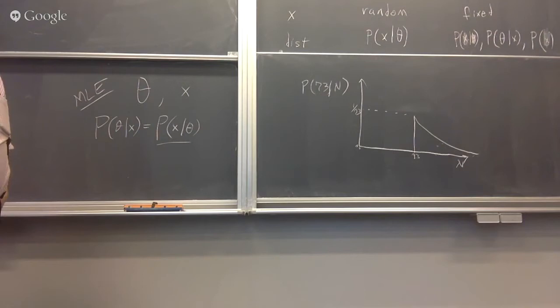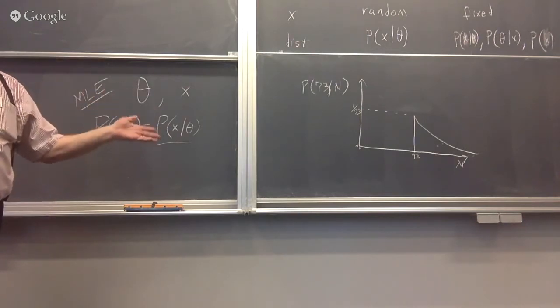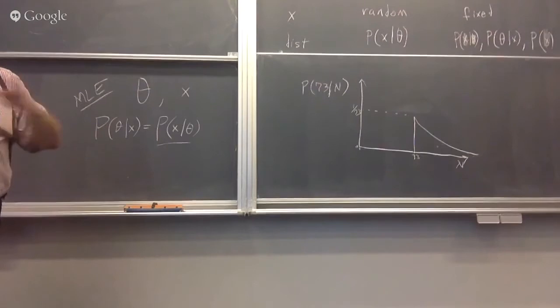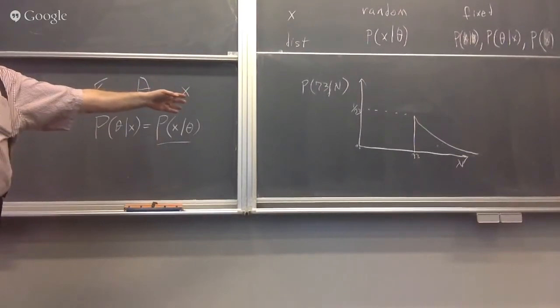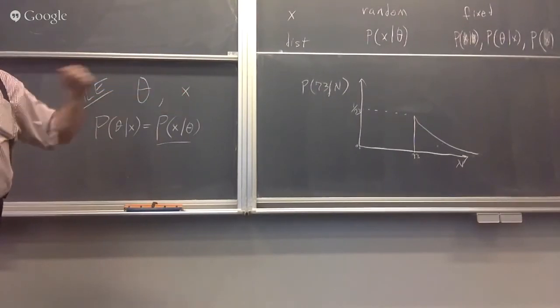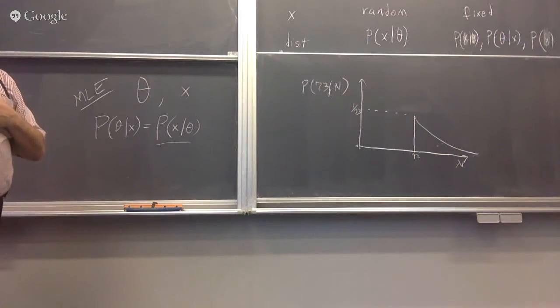But a different estimate you might like to use instead of MLE is you might like to say, well, I want to be above and below half the time. I want my estimate to be too high and too low with equal probability. In that case, I might want to double 73 and guess 146 or something like that.